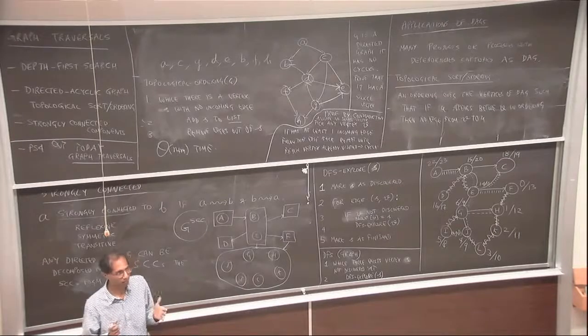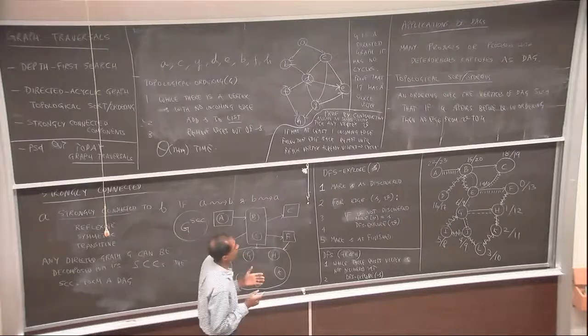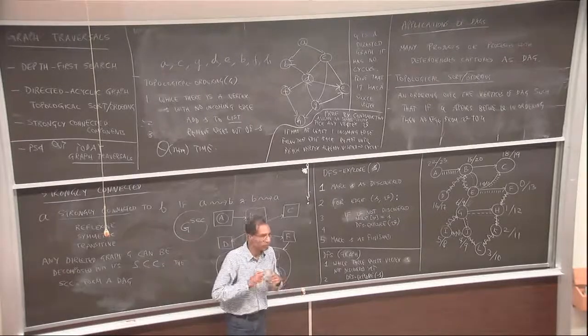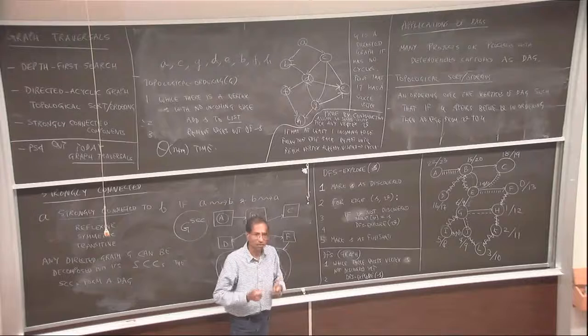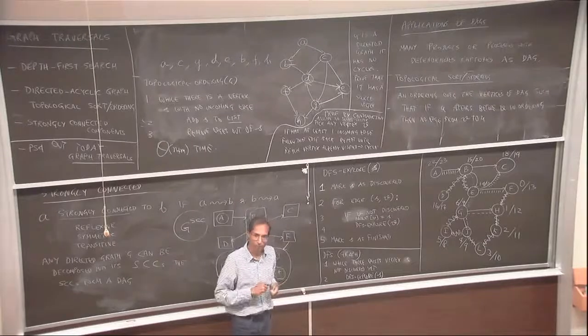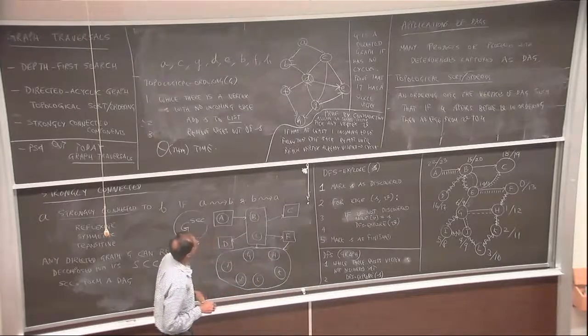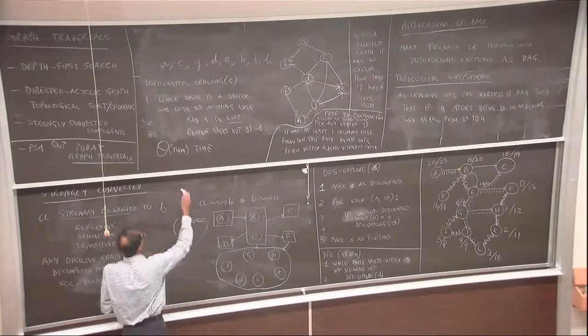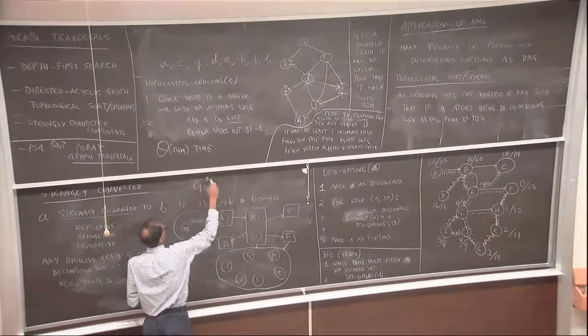You guys agree with that? In order to find out all the vertices that can reach me, I simply reverse the edges and see all the vertices that I can reach. Because if it's a reverse graph, I can reach all those vertices, then in the original graph, they can reach me. Okay? So that is a very useful routine, that of reversing a graph.